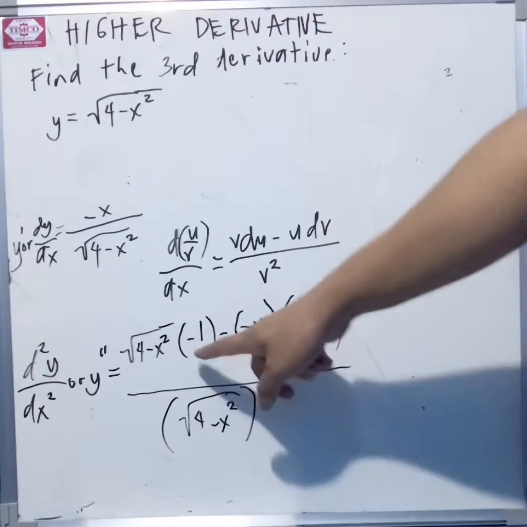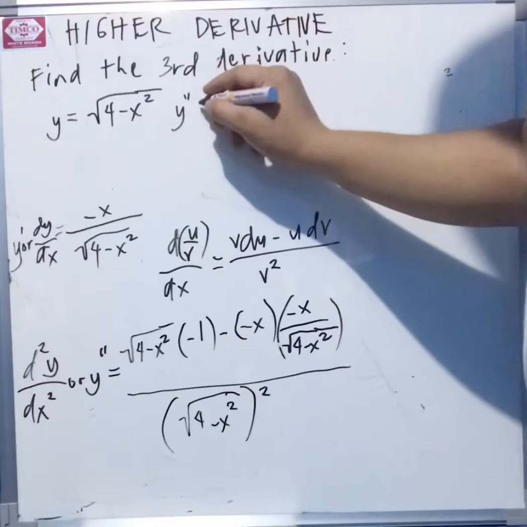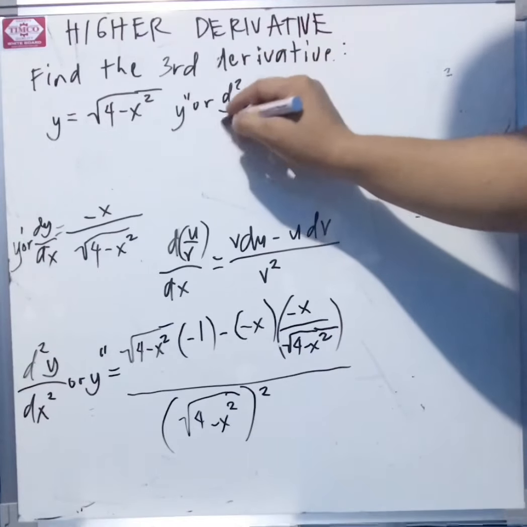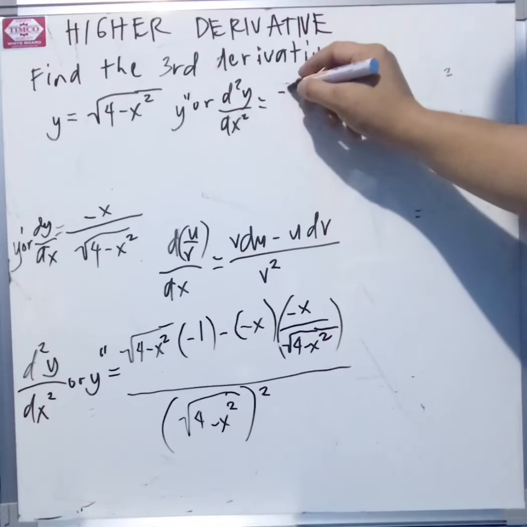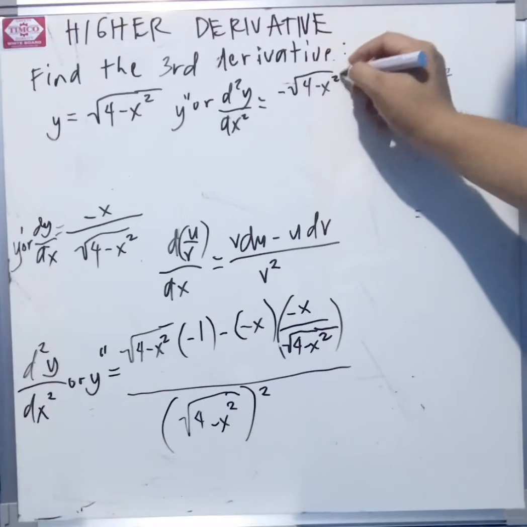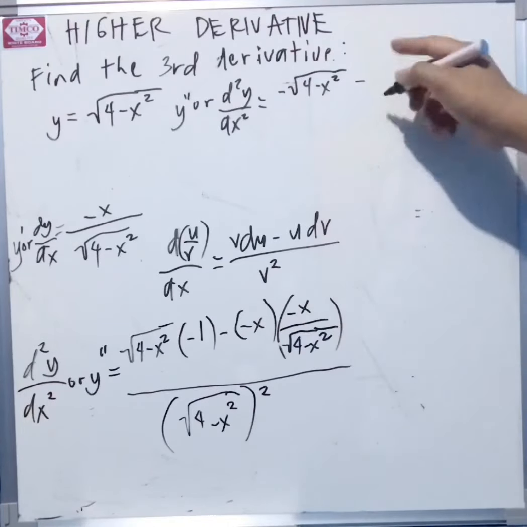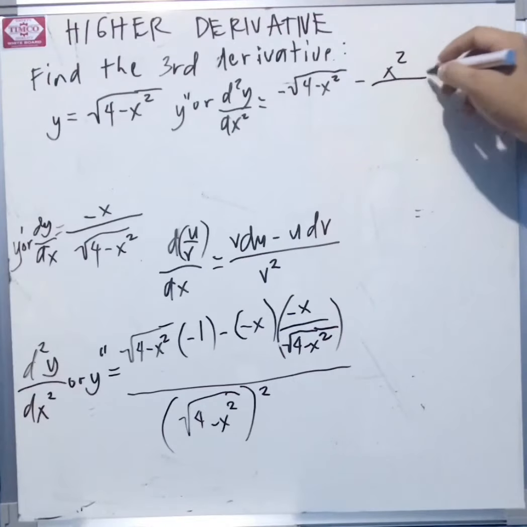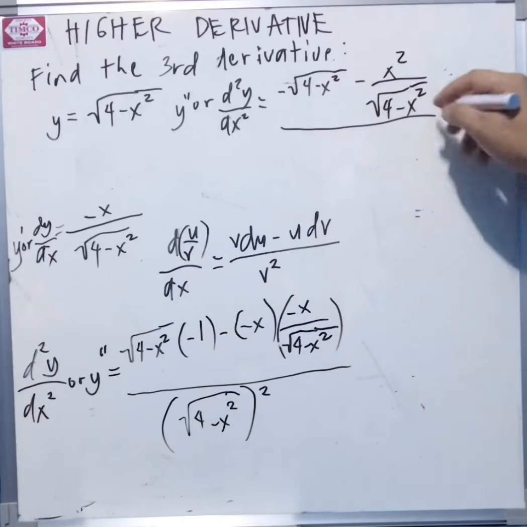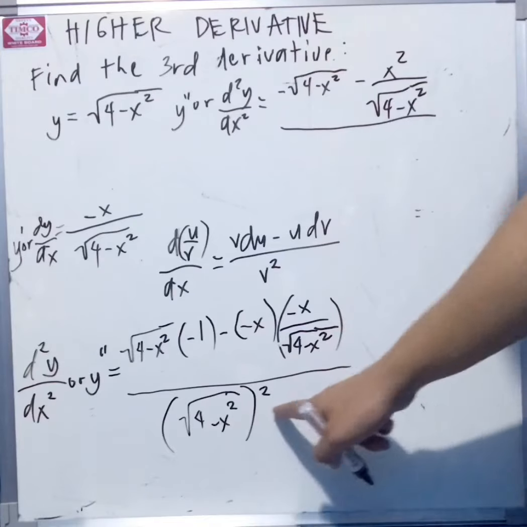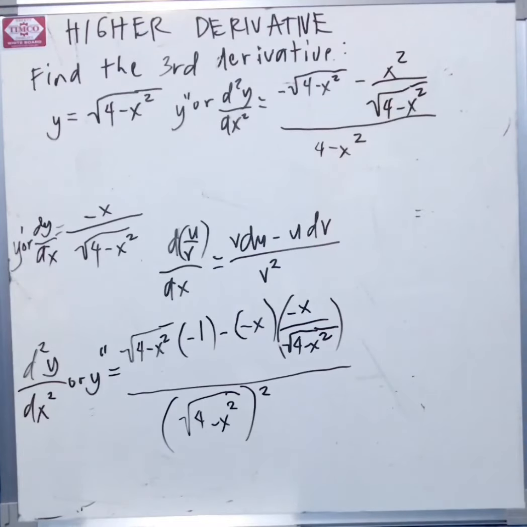The second derivative, d squared y over dx squared, is equal to negative 1 times the square root of 4 minus x squared, minus negative x times negative x, which is positive x squared, so x squared all over the square root of 4 minus x squared, all over the square root of 4 minus x squared raised to 2, which removes the square root, so all over 4 minus x squared.